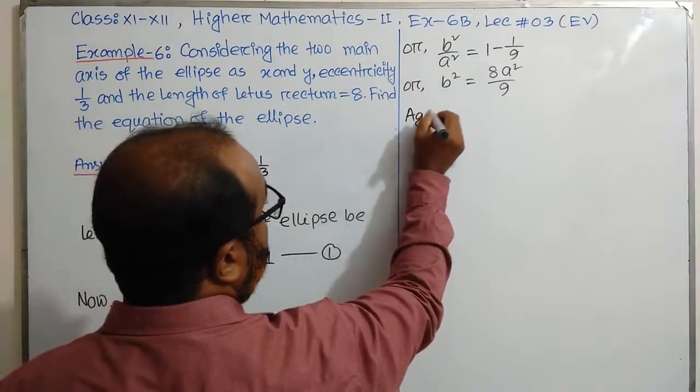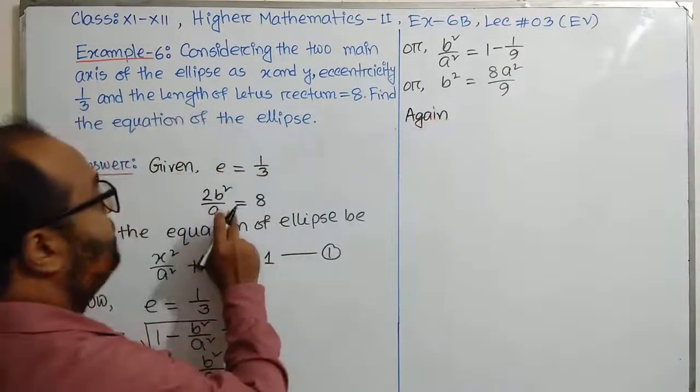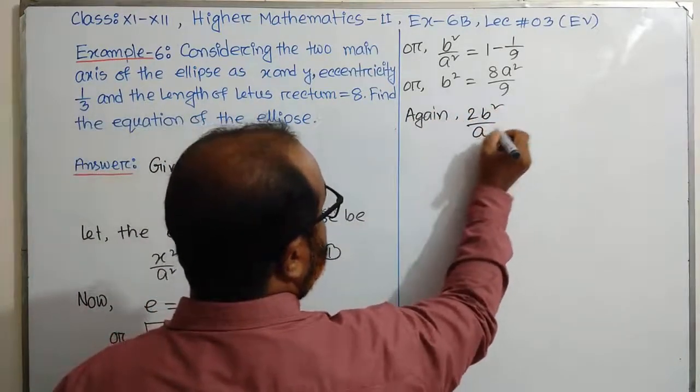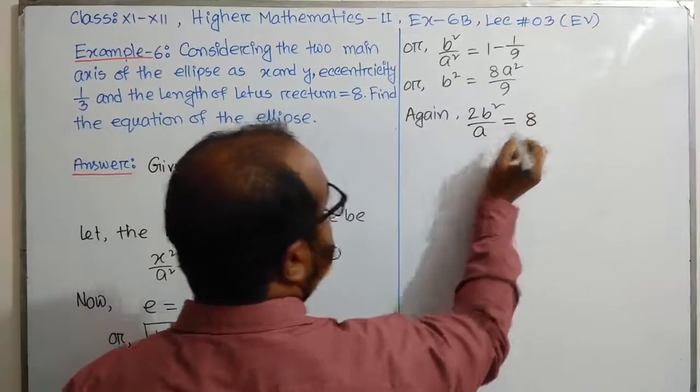Again, length of latus rectum 2b square by a, this equal 8.